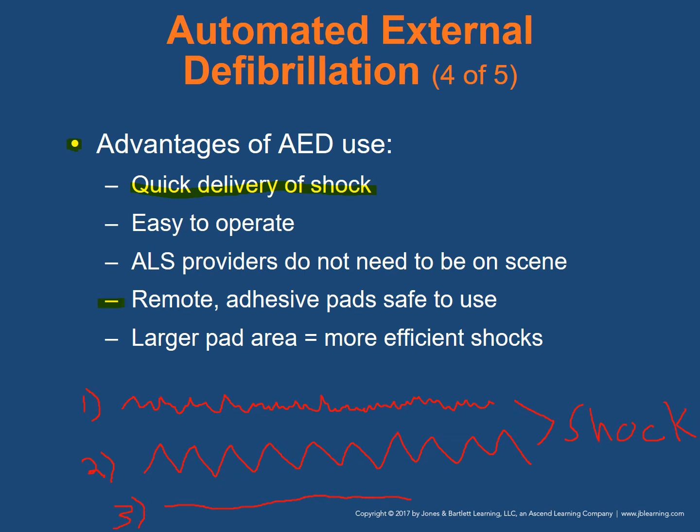So the purpose of the AED, excuse me, is to recognize either number one or number two, these rhythms, and put enough electrical energy into the heart to send it to number three, asystole.